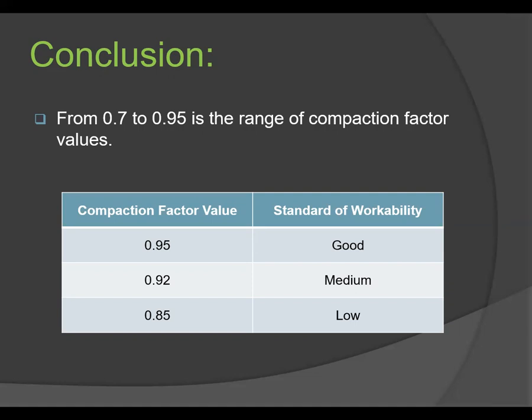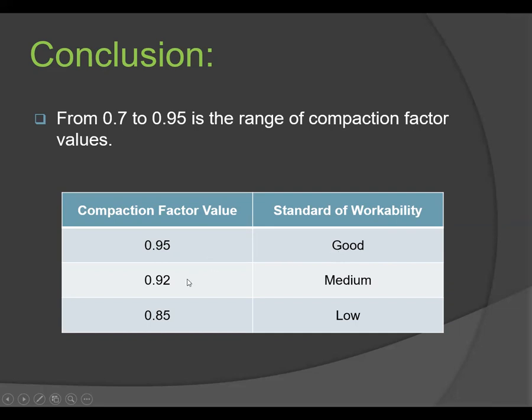You can see in this table, the first column is the compaction factor value and the second column is the standard of workability. If the compaction factor value is 0.95, then our workability standard is good.